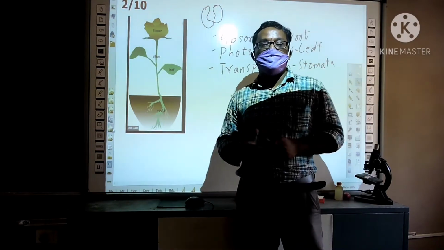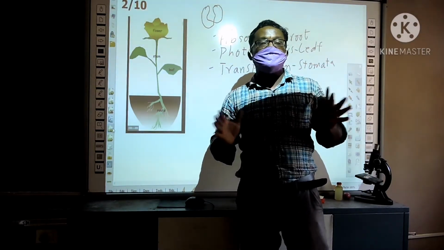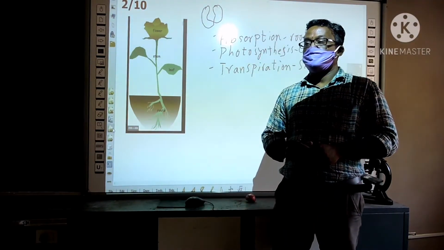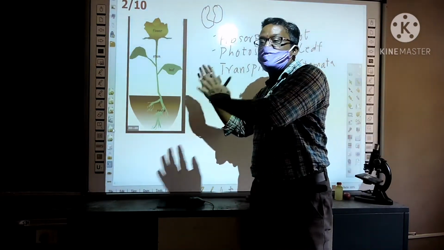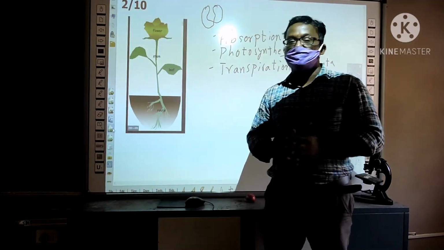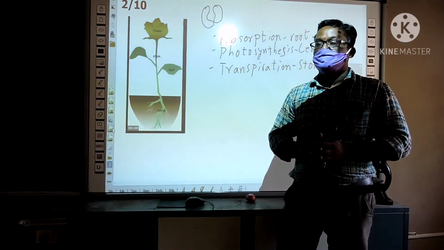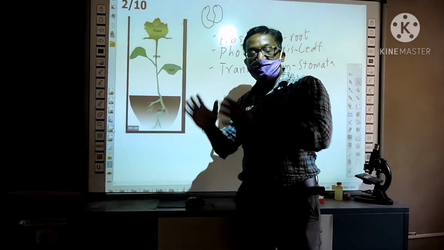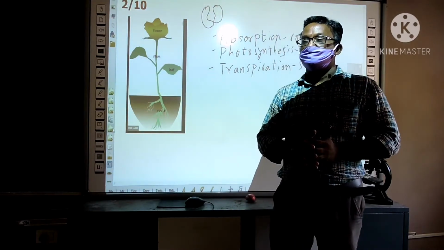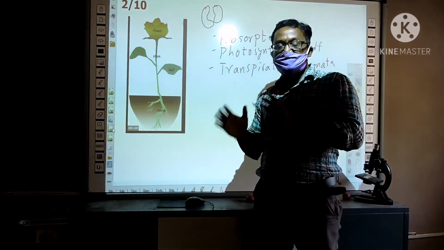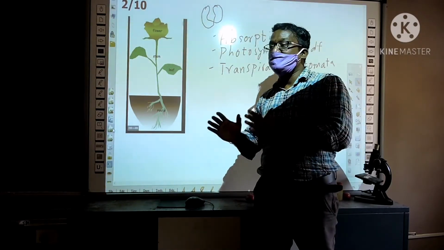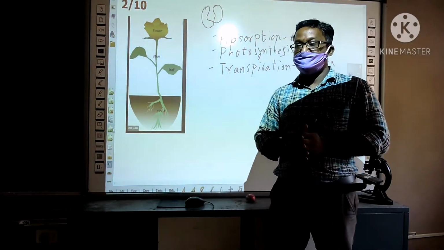So from these activities we have observed one similarity: there are different types of arrangement of cells in different parts. Different parts perform different functions. That means the arrangement and the structure of the cell is related to the function of the organism.